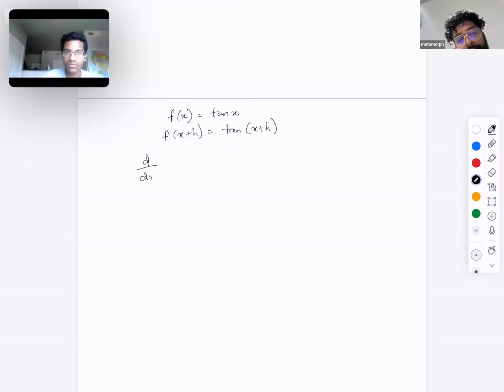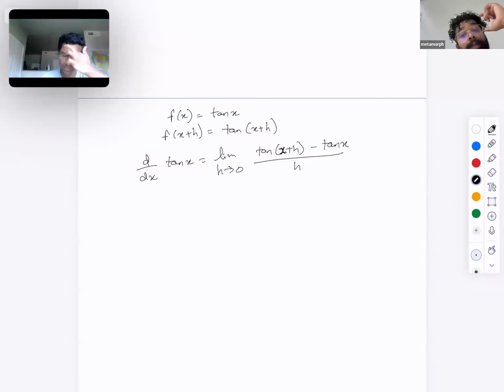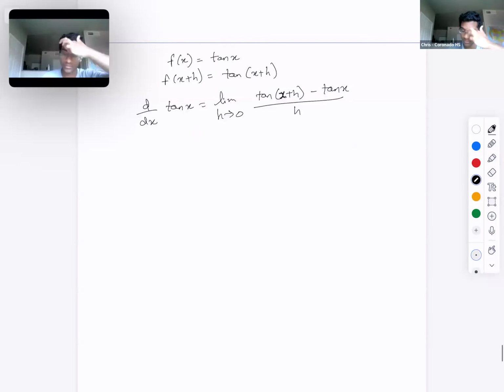Derivative of tan x equals limit h approaches 0 of tan (x plus h) minus tan x, over h, right? Now, how do we solve this?